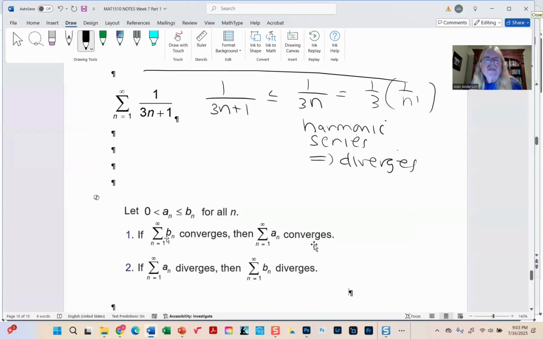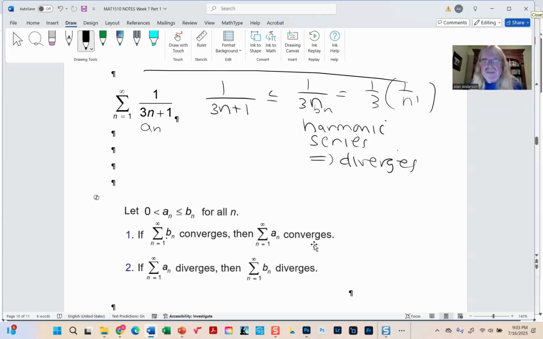So in this case, with this A and B, this would be A, this would be the B. And since the B... well, it says here if AN diverges, then BN diverges.